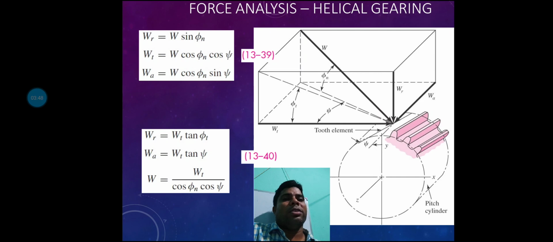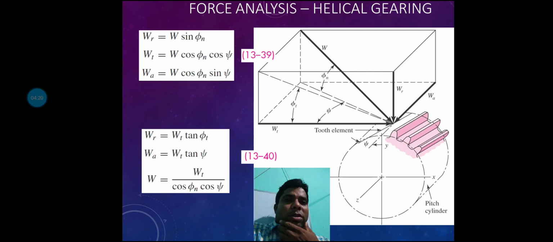So phi n is the normal angle, which is different for different cases. Suppose some empirical formula is also there, where W is equal to the total average load applied at the point where the two elements are in contact with the other gear.